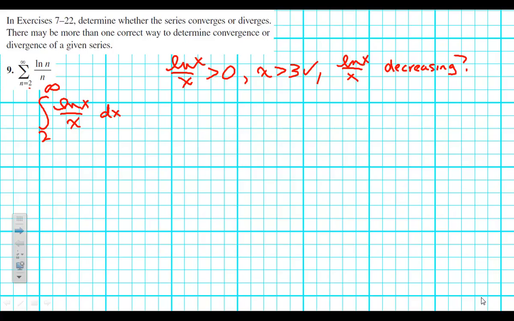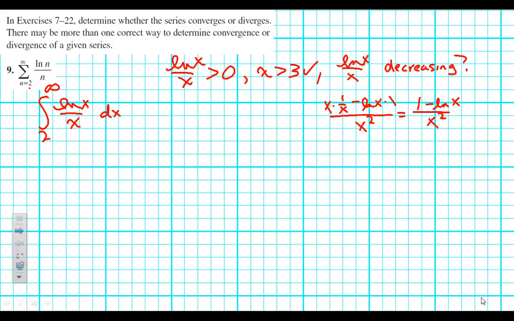To answer the question if it's decreasing, we could look at its first derivative. The derivative of this is bottom times the derivative of the top minus the top times the derivative of the bottom, all over bottom squared. This ends up being 1 minus the natural log of x over x squared.